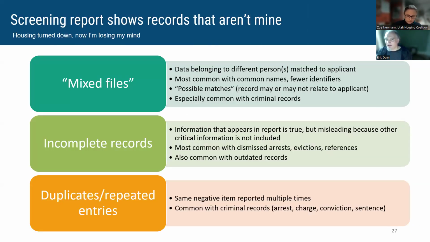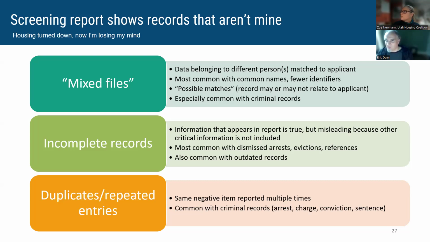That happens all the time, especially with things like eviction records. Because when you think about an eviction record, a landlord has the name of the tenant, and they file usually in either a municipal level or a county level court. And there's not going to be the types of personal identifiers in that case file that you would normally see with other types of records.